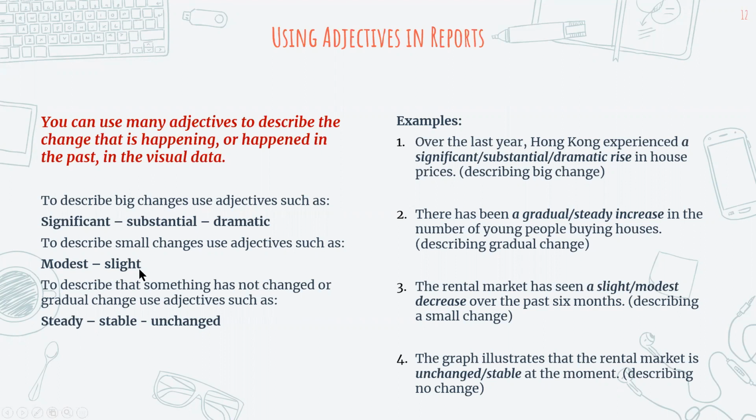There was a slight change in the number of homeowners during the period of 2015 to 2016 and so on. To describe that something has not changed, or to describe a gradual change, use adjectives such as steady, stable, unchanged. Let's see some examples.